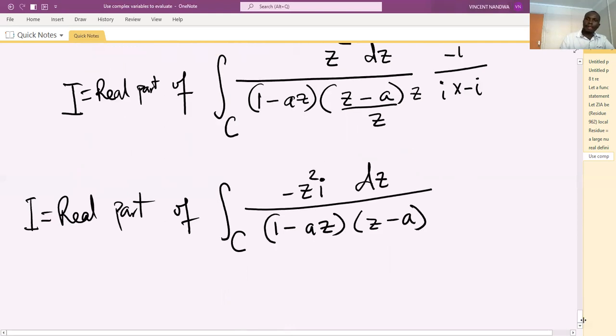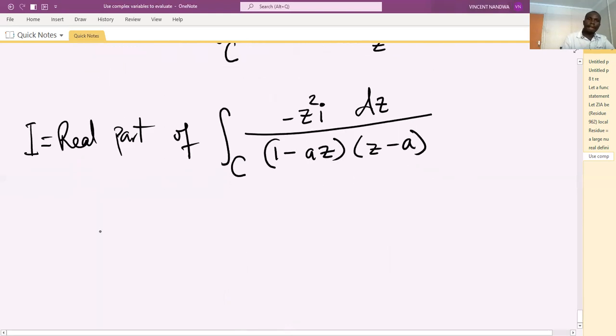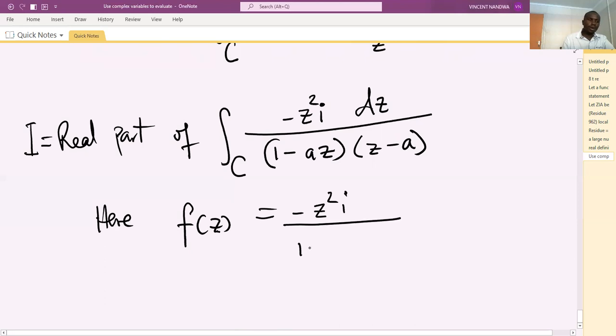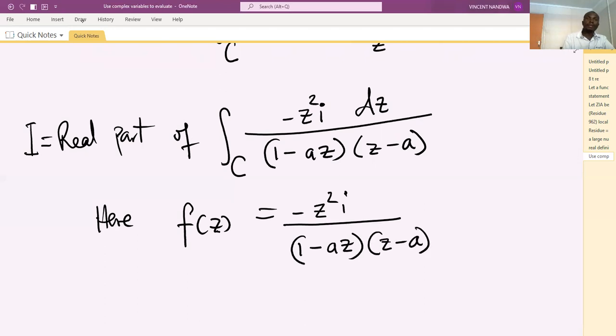So here, f of z will be this function. It's negative z squared i over 1 minus az times z minus a. Now, once you have identified the f of z, you now find the poles of that f of z.